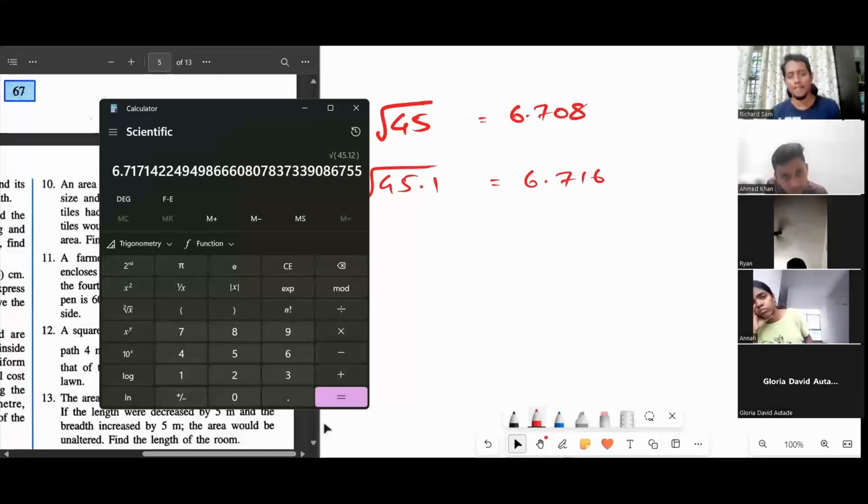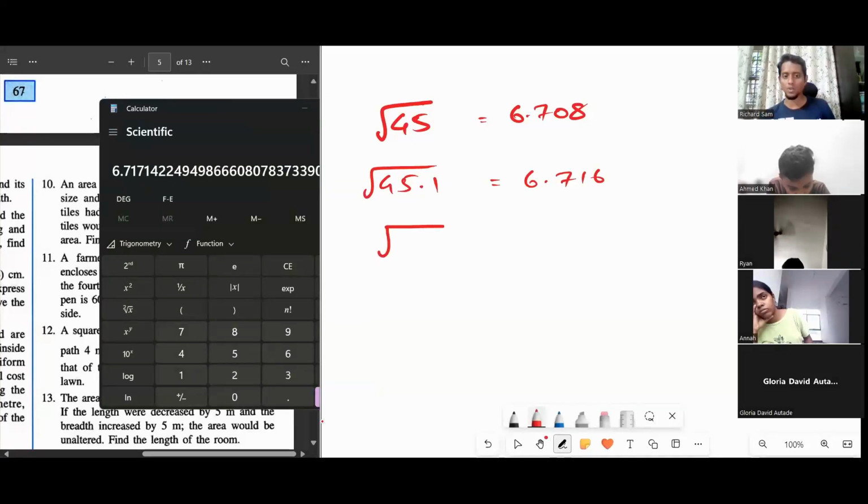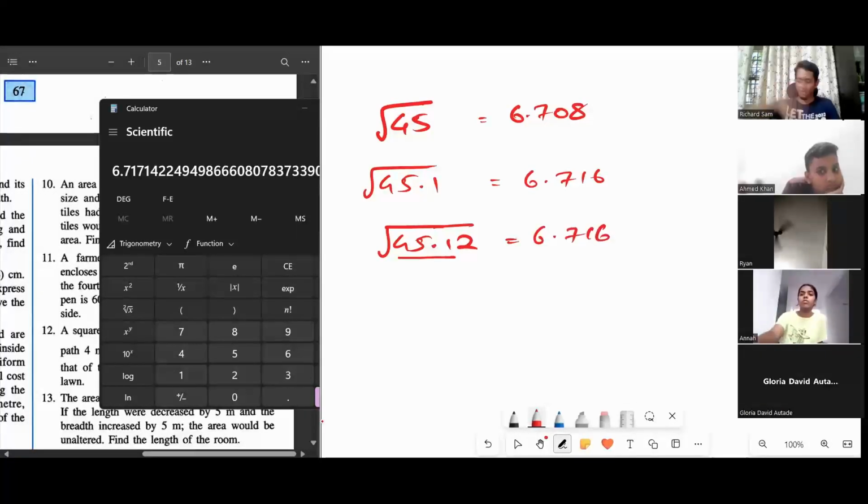So look, it's like this. If you're doing the square root of 45.12, first you look at 45.1. The square root of 45.1 is how much? 6.716, right, in that first column. Now the 2 is there, no? For that 2, you look at the mean difference.